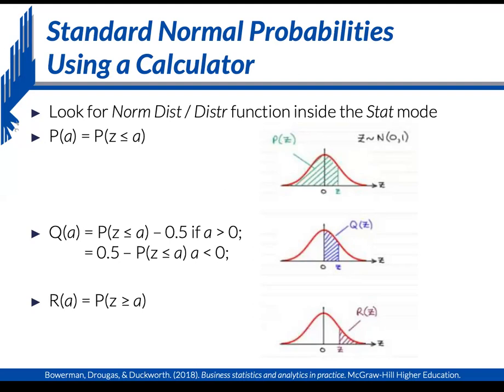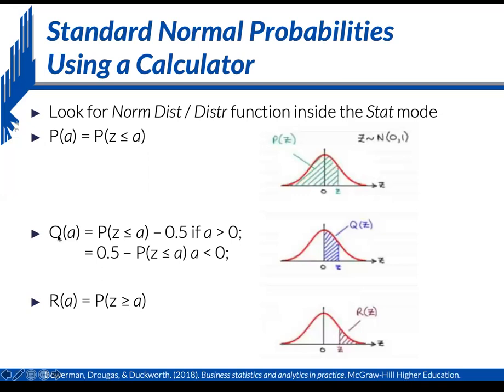And some of the usual functions involving the standard normal distribution in calculators are P, Q, and R. Now, the P function in calculators is used in order to find the area to the left. So that's basically looking for the area to the left of whatever z-score you input in the calculator.